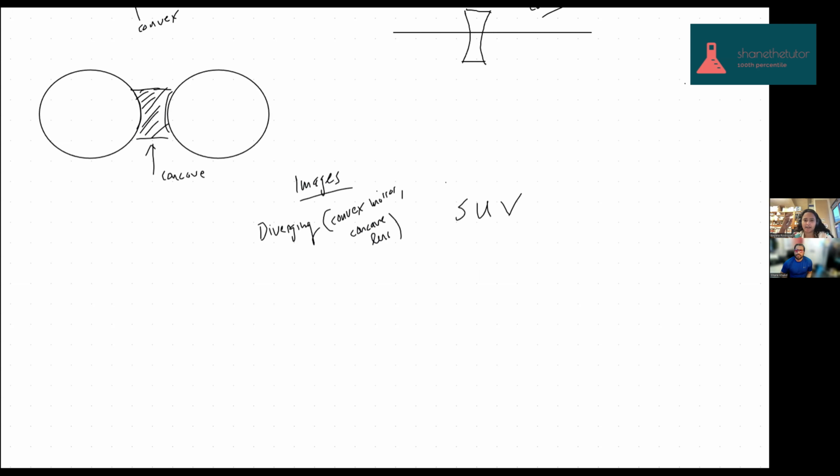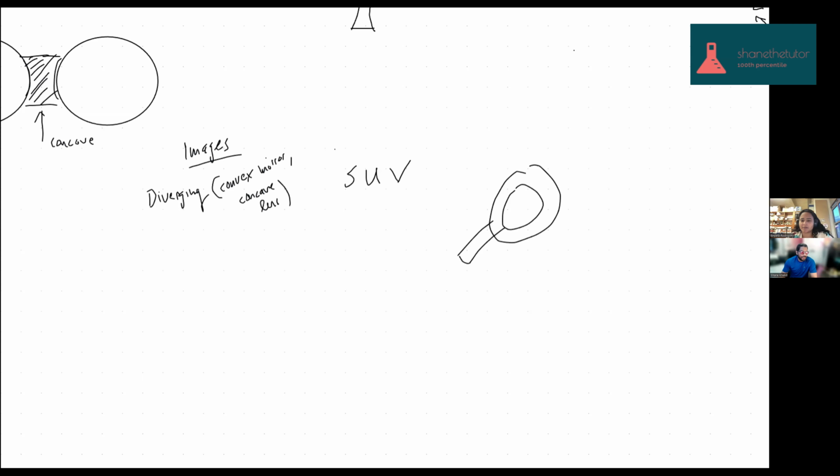Let's say we have a magnifying glass here. When you see it in cartoons, you would see the light converging at a tiny point.